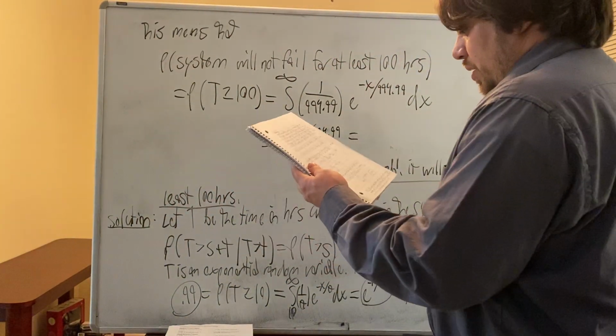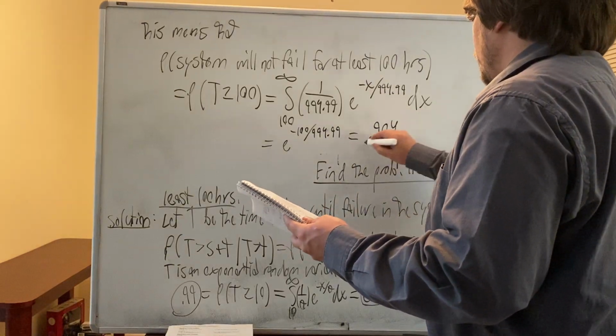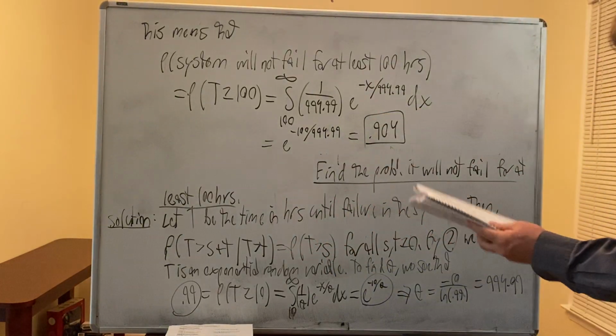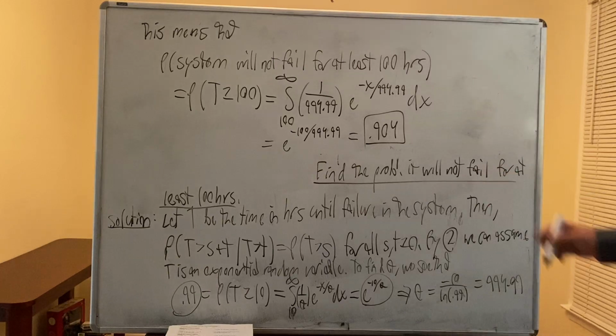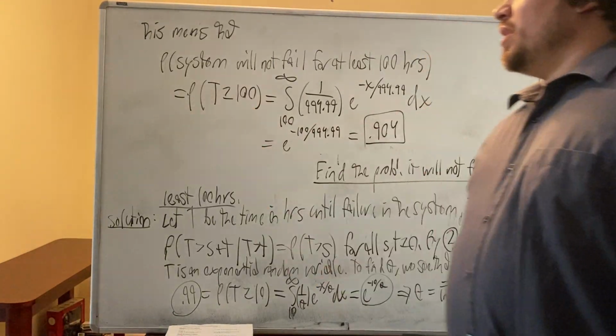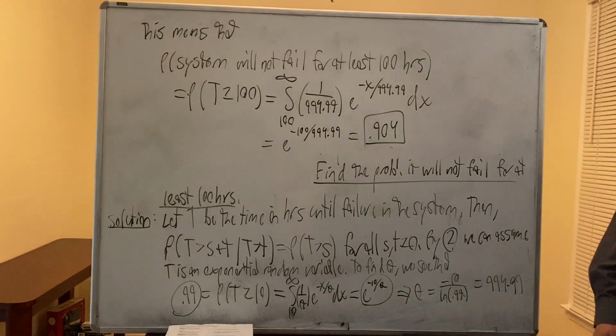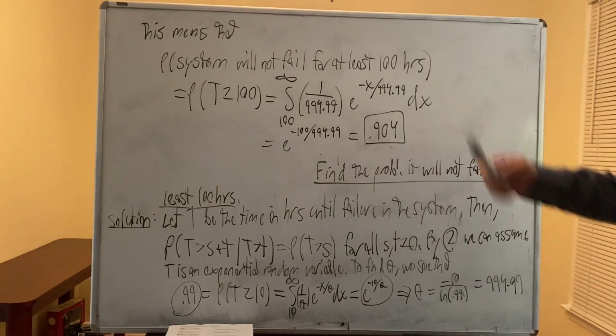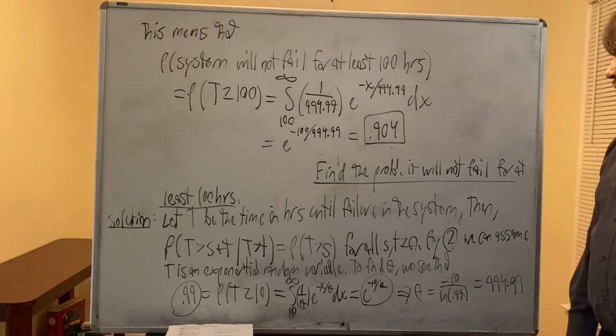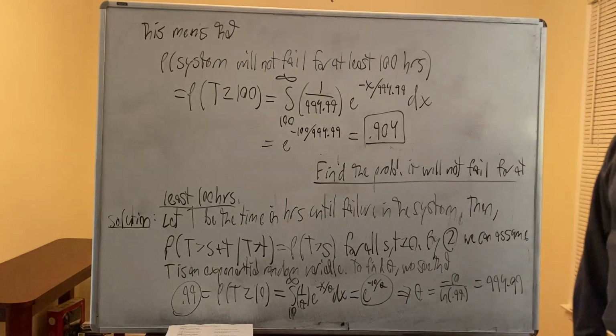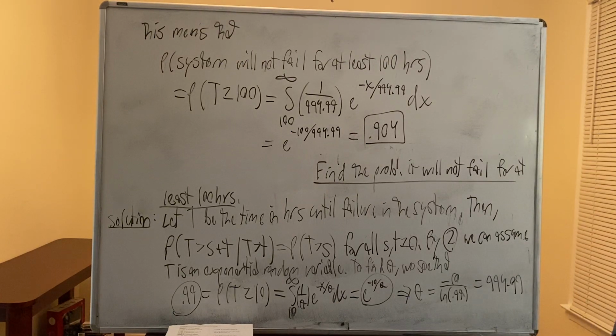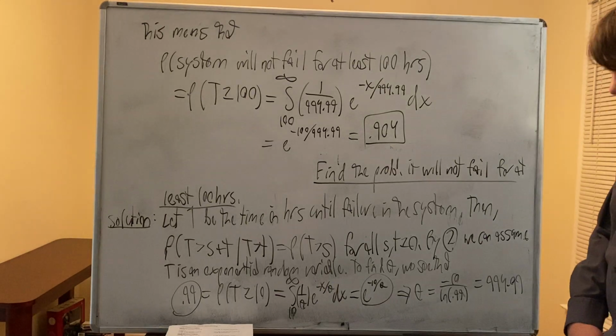And you put that in your calculator, and that's equal to 0.904. Okay, so the final answer is that the probability it will not fail for at least 100 hours is 0.904. Okay, all right, and so that is the answer to example 5.13.